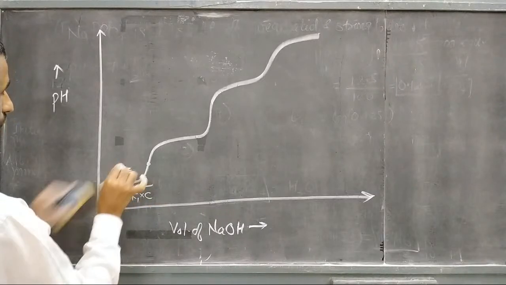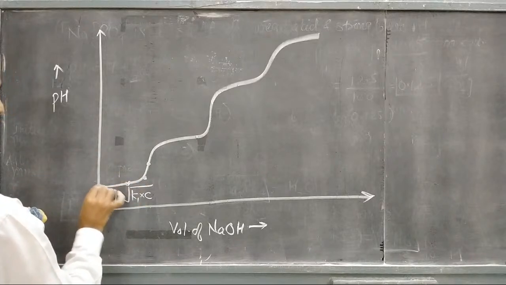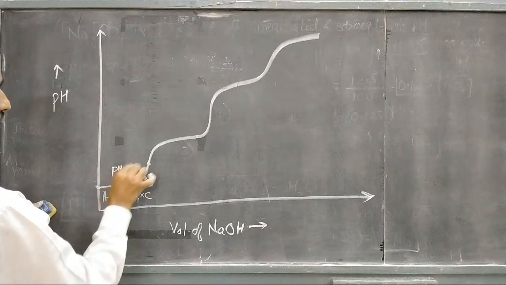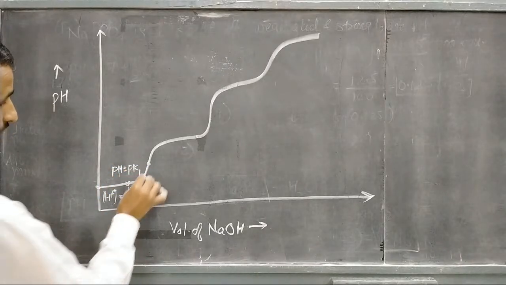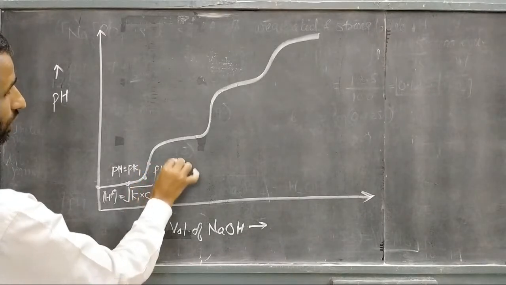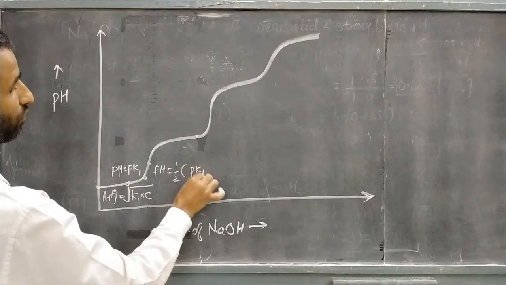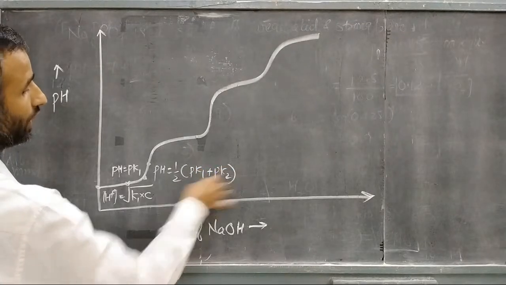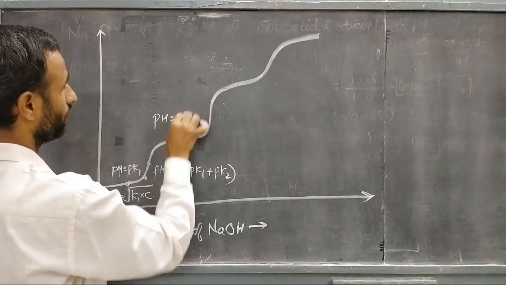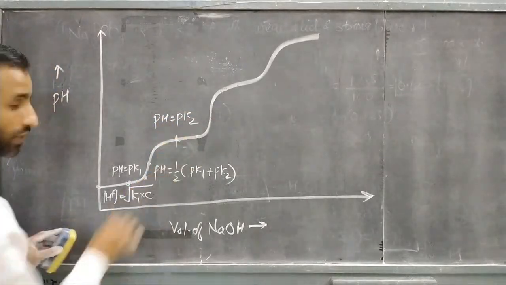So in the starting it is like this, then in the mid pH equal to pK1, then pH equal to half of pK1 plus pK2, then pH equal to pK2, because again a buffer is formed.